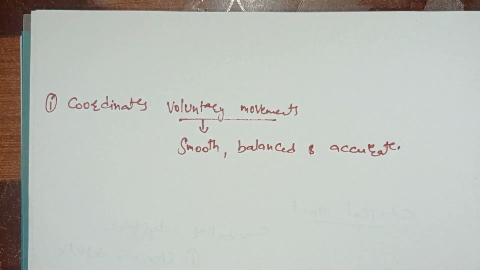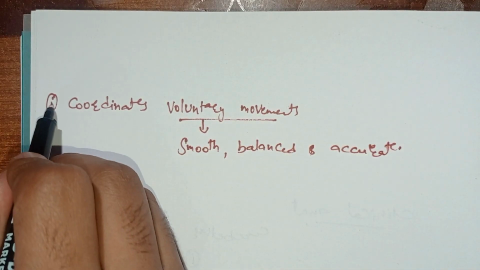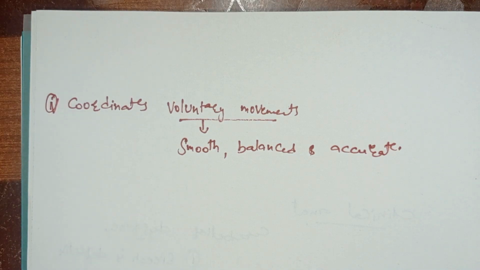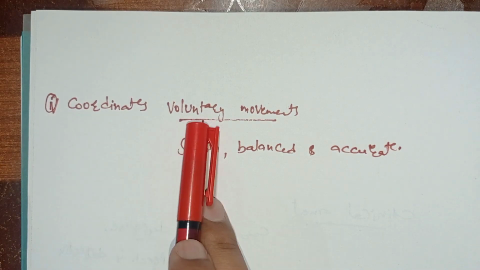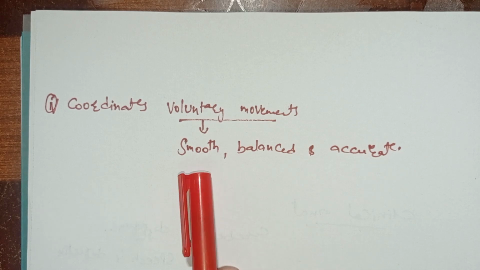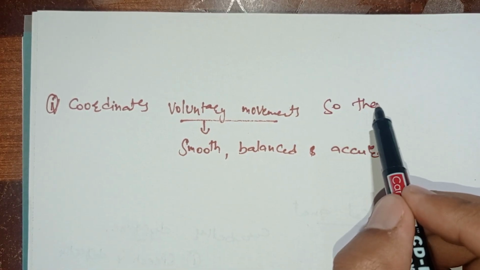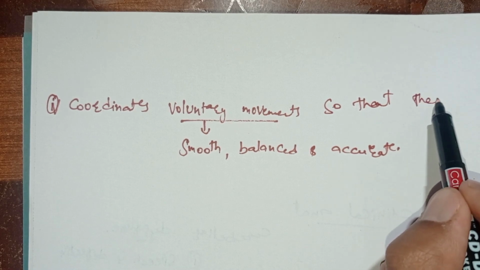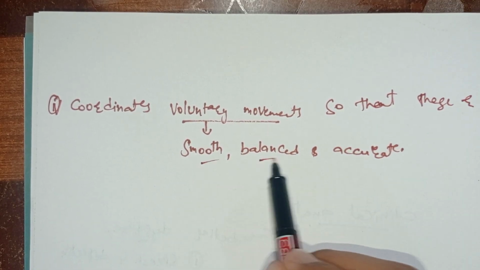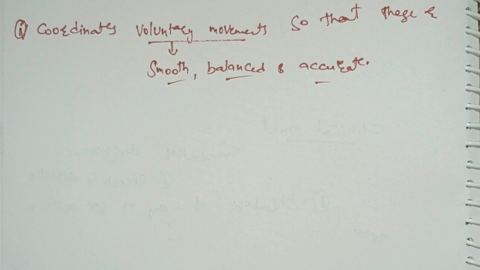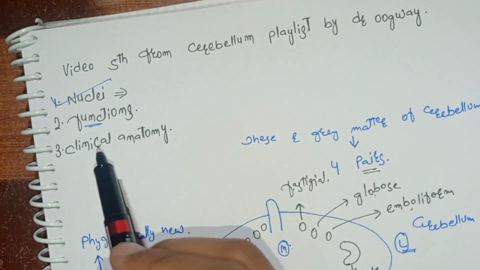So the number fifth function is that the cerebellum coordinates voluntary movements so that these movements are smooth, balanced, and accurate. By this we completed the functions of the cerebellum.